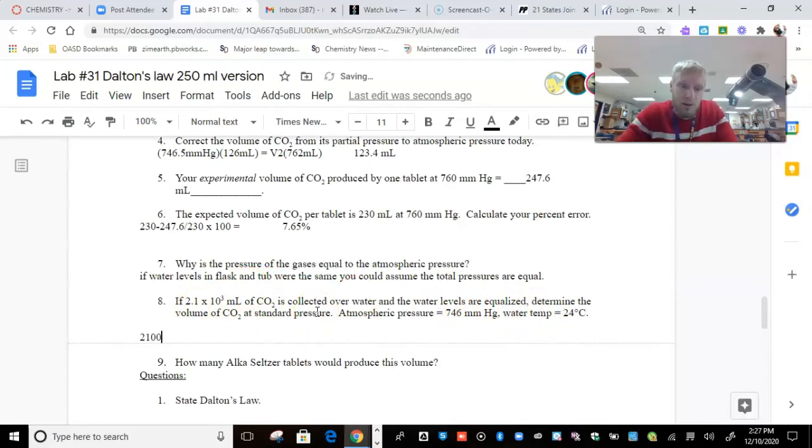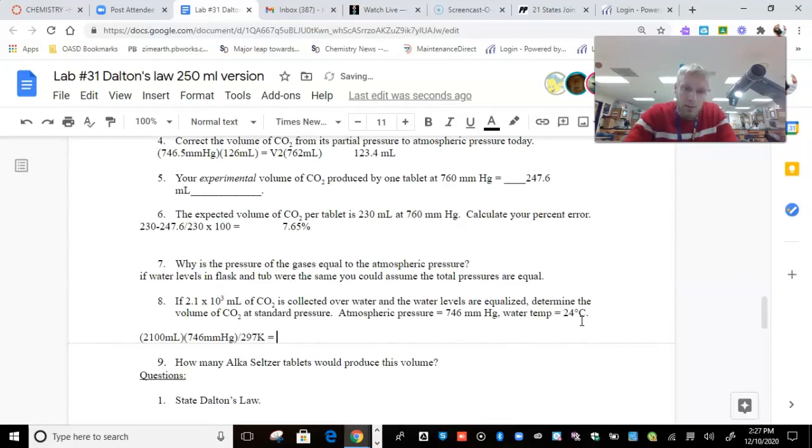That's 2,100 milliliters times our pressure, which was 746 mmHg, divided by our temperature of 24, but it's got to be in Kelvin, so we take 24 and add 273. Type it in your calculator, you get 297 Kelvin.